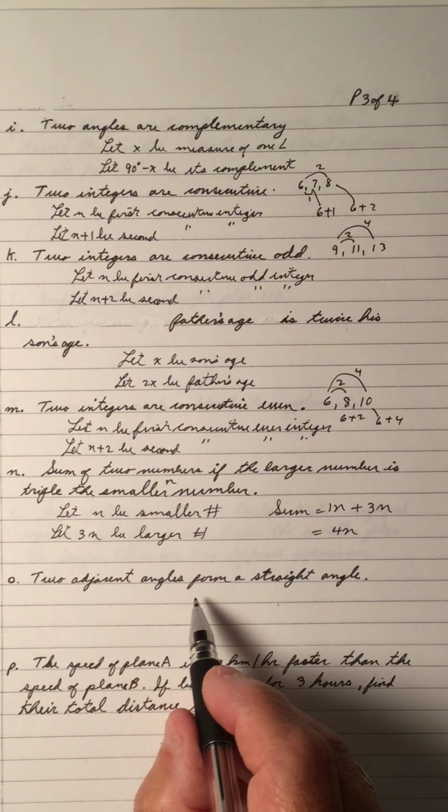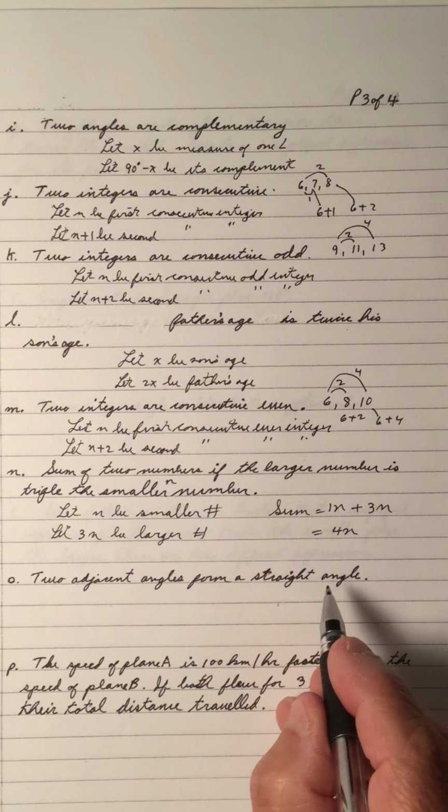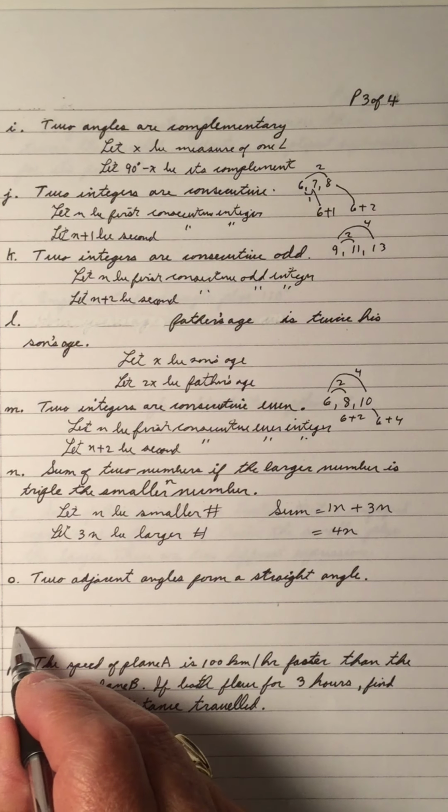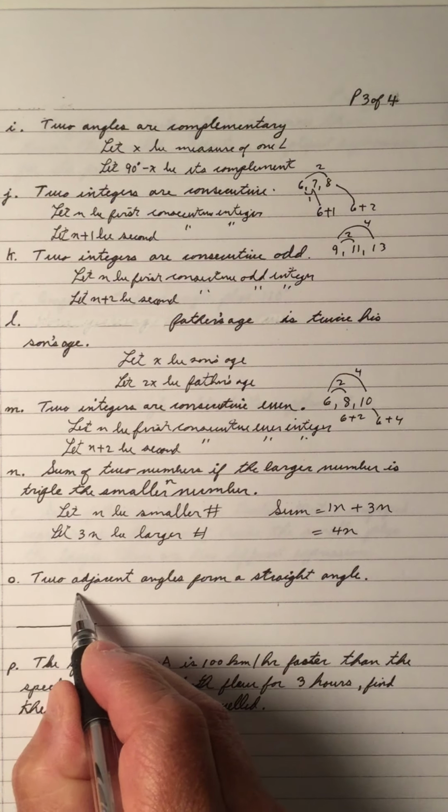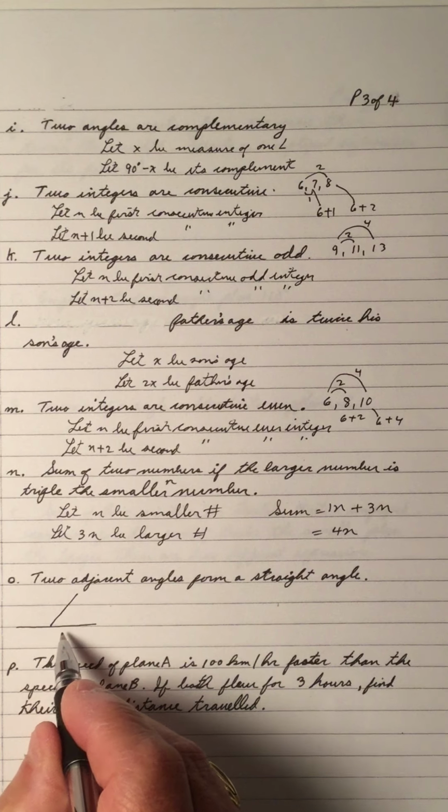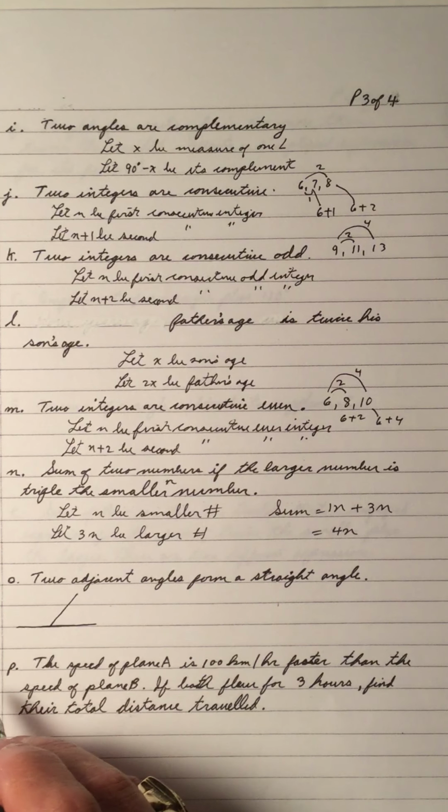Oh, two adjacent angles form a straight angle. If two adjacent angles form a straight angle, there it is. There are two adjacent angles forming a straight angle.